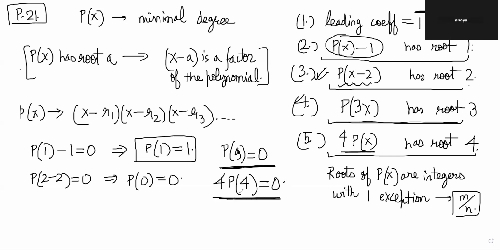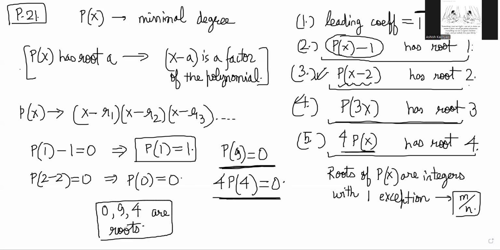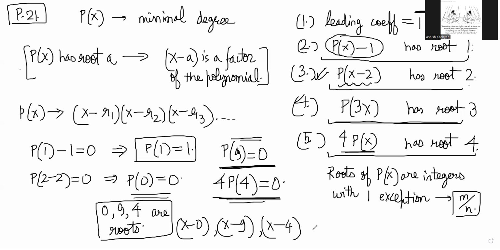So automatically right now, we know that, look at p of x, 0, 9 and 4 are roots. Can you see that? Yes. So that means automatically x minus 0, x minus 9, x minus 4 are factors, right?